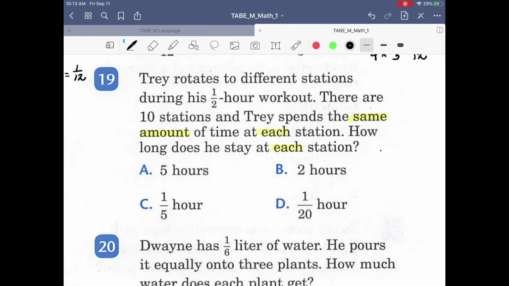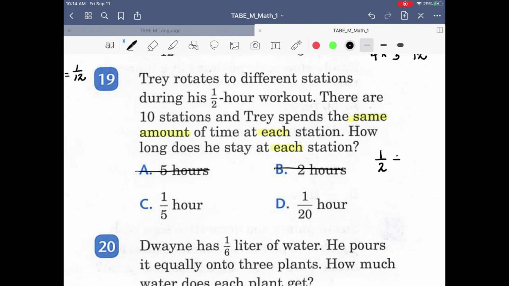So his total time is 1/2 an hour. So we could eliminate A and B here because those are bigger than 1/2 an hour, and 1/2 an hour is all he has to begin with. So if you like to eliminate things, you could eliminate those two because they're bigger than his workout.